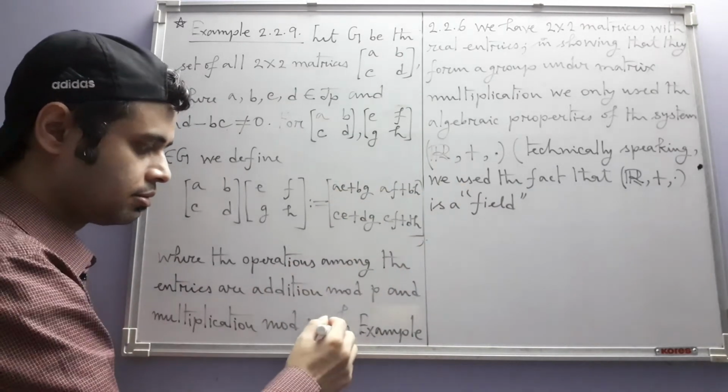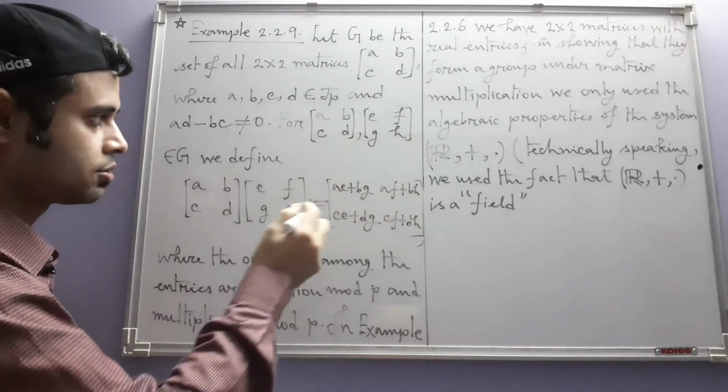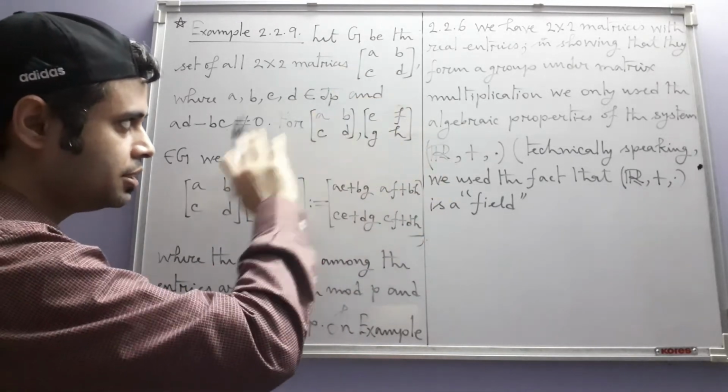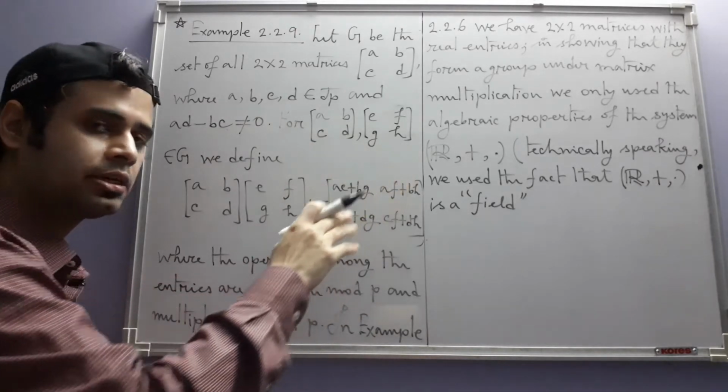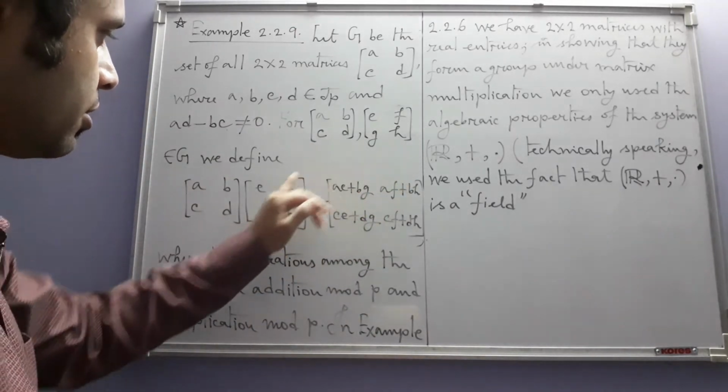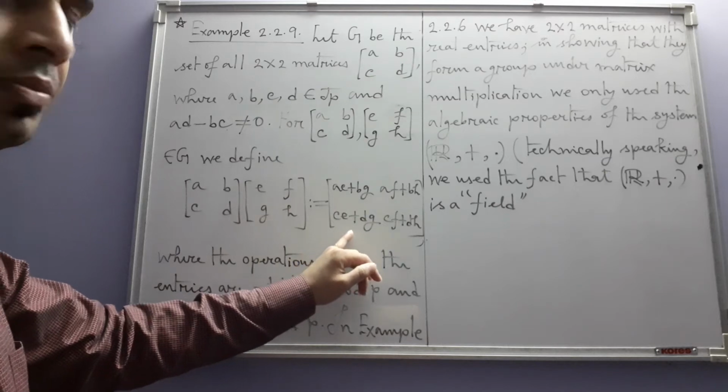Now the point here is that, so what? That is about example 6. So what is the relationship between this one and that one? They are similar because here also we are considering 2 by 2 matrices, and here also the operation is matrix multiplication.